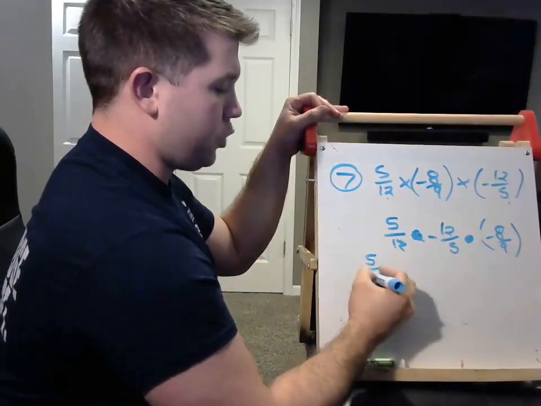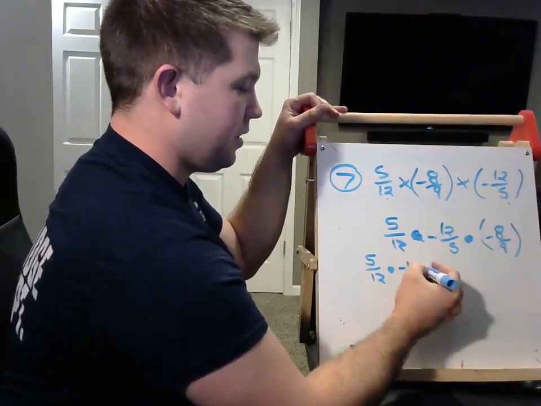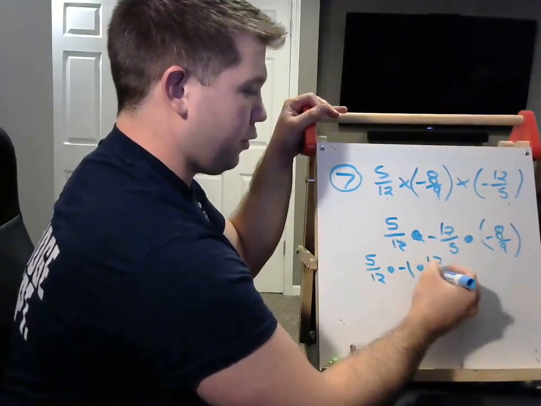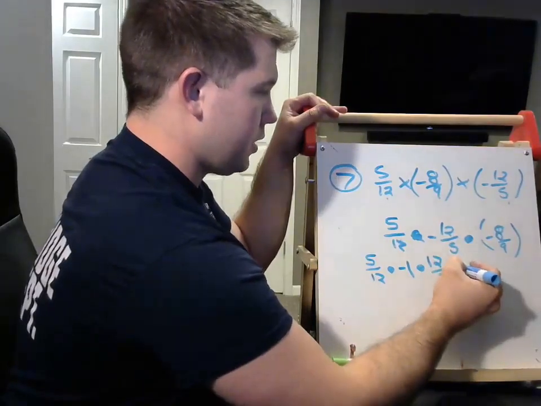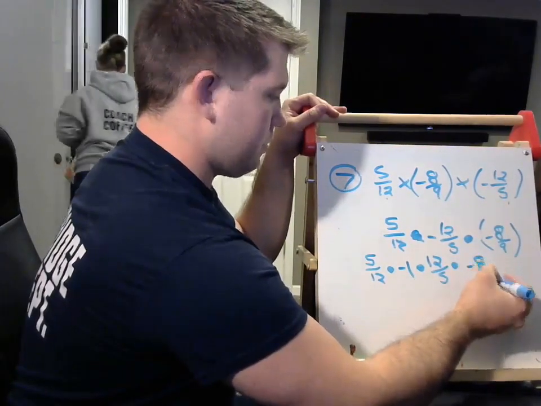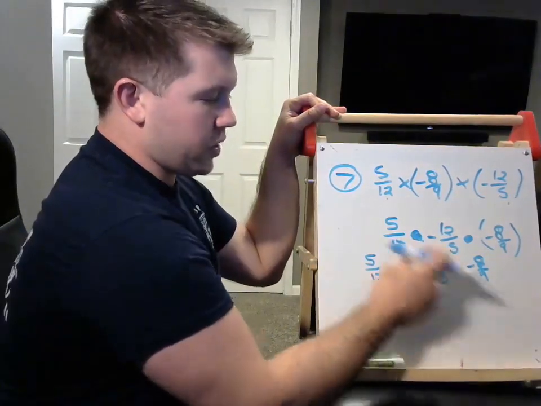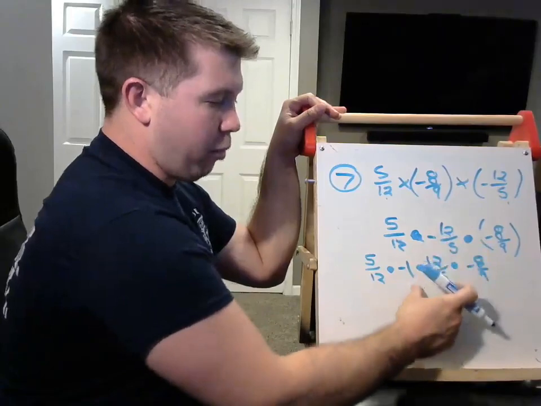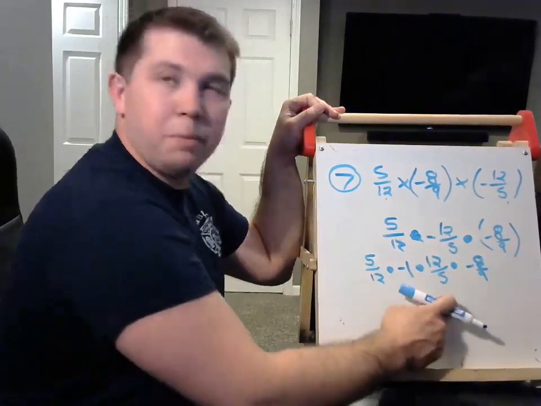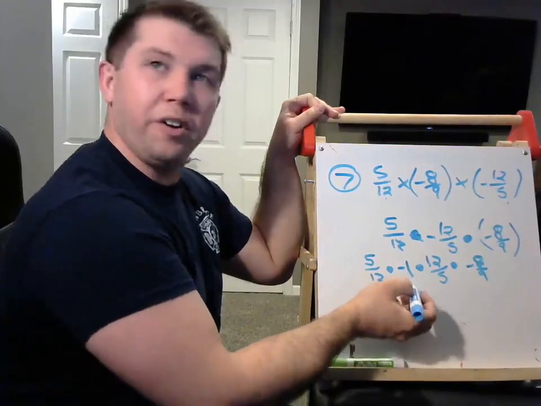Okay, so 5/12 times -1 times 12/5 times -8/9. Okay, so what I did was I took the -12/5 and I pulled it apart, because really -1 times 12/5 equals -12/5. So that is where the -1 comes from.